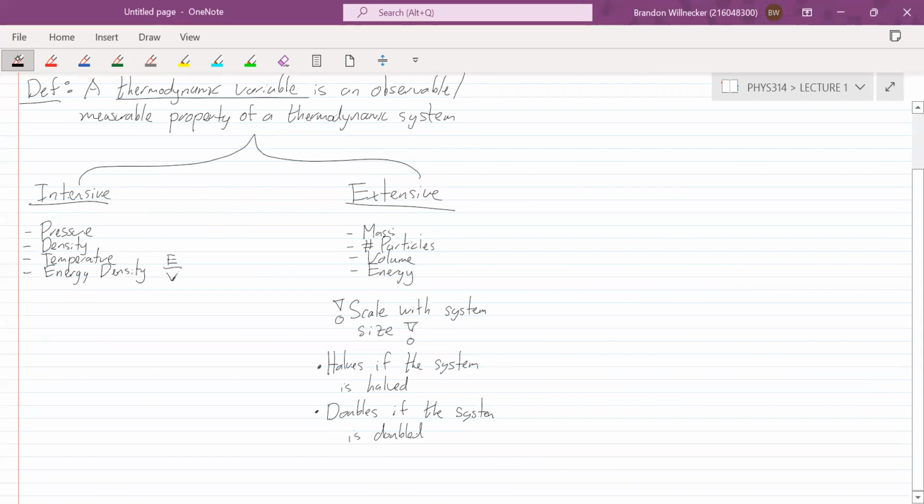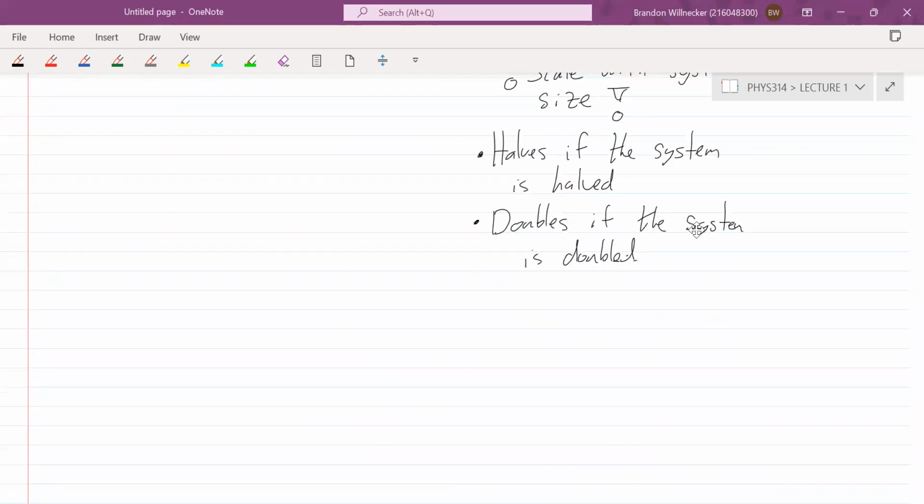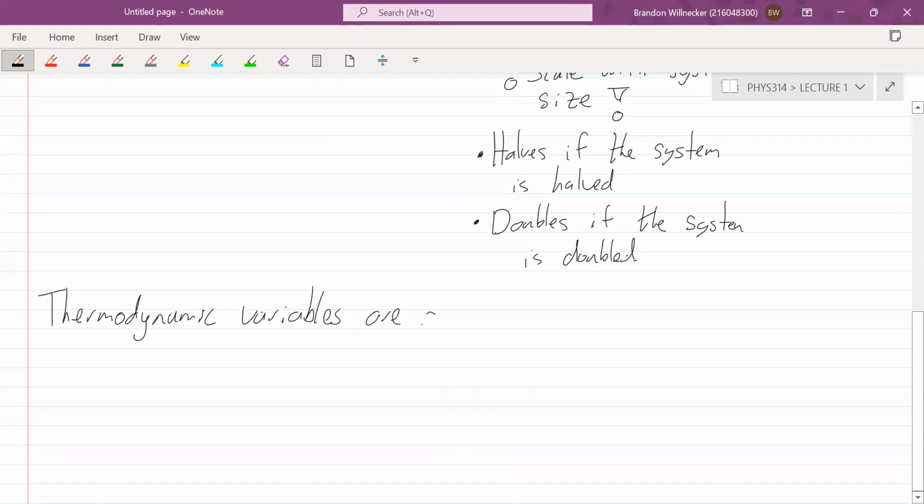Okay, so now a bit of terminology or a bit more vocabulary on this. Thermodynamic variables are also called, okay, so even more names to go onto this, state variables.